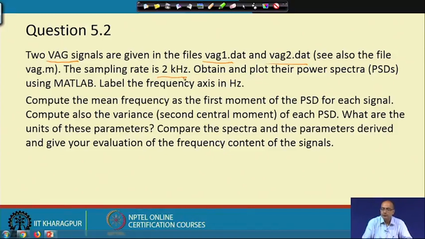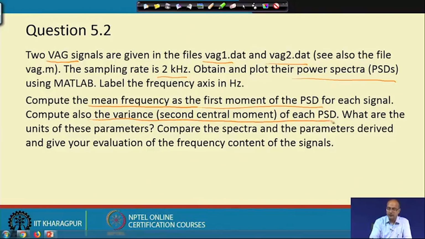Now, we have to get the plot of the power spectrum, okay? And next we need to compute the mean frequency, that is the first moment of the PSD, and we have to compute the variance, that is the second moment of the PSD.